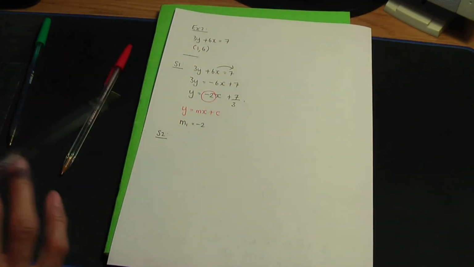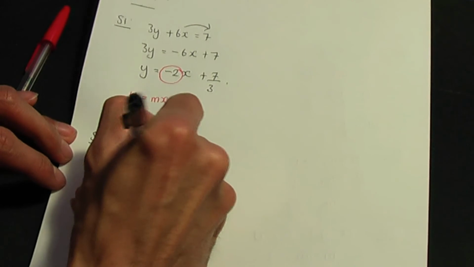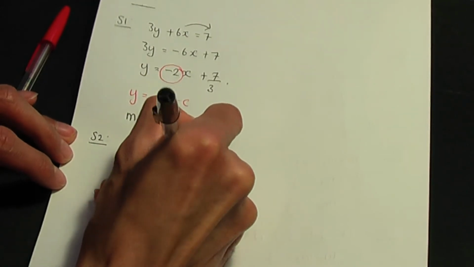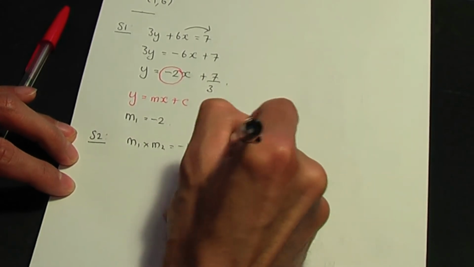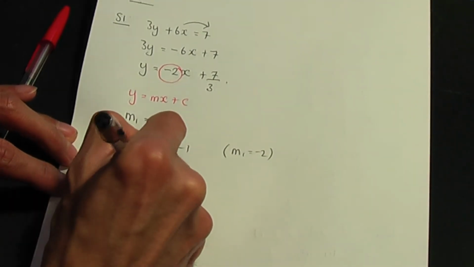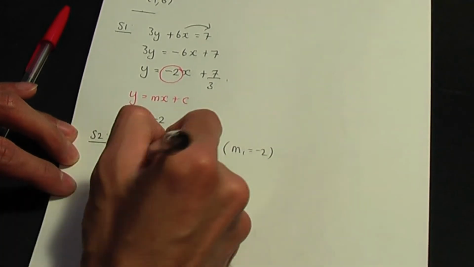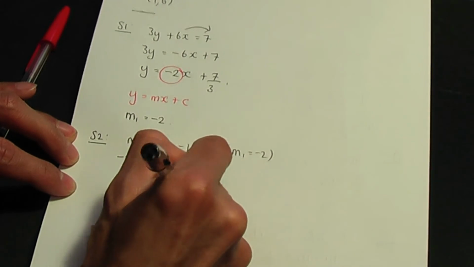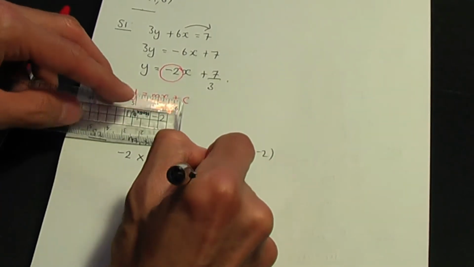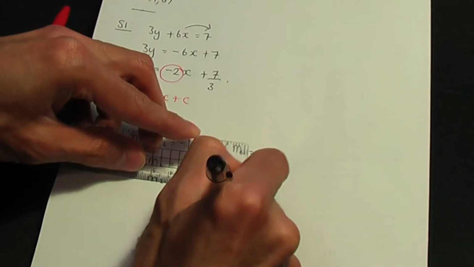Let's use that result and calculate m2. m1 times m2 is minus 1, m1 is minus 2. So if I substitute in, I'll get minus 2 times m2 is minus 1. So m2, the gradient of our line, is minus 1 over minus 2, which is 1 over 2.